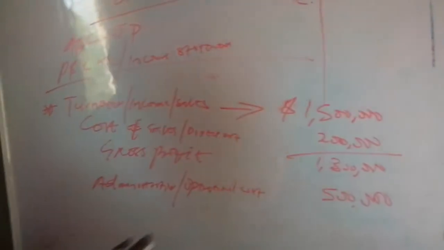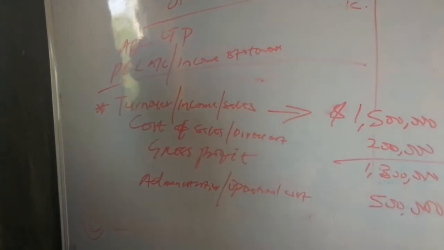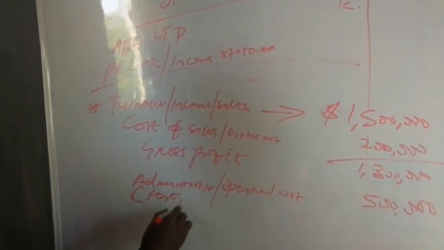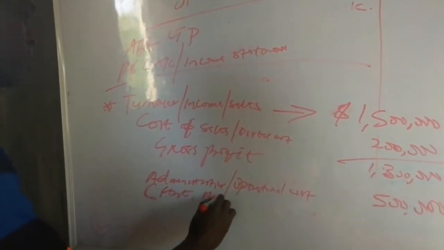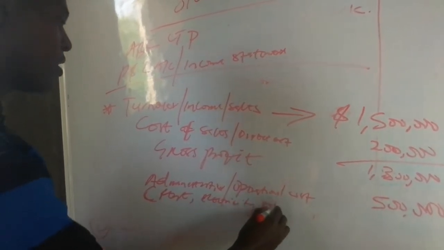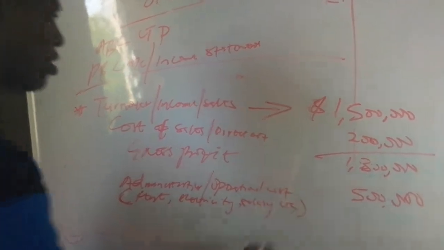So this operational cost, administrative cost, you have something like rent. Inside it we have rent, electricity bill, salary, etc. All the operational costs.